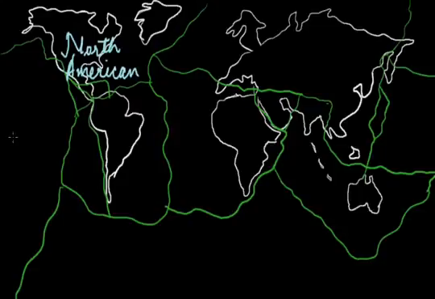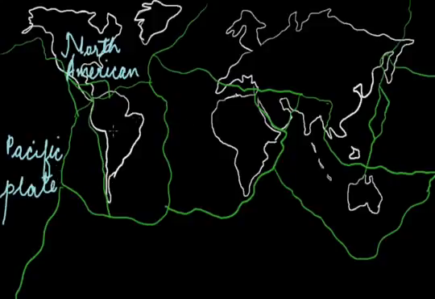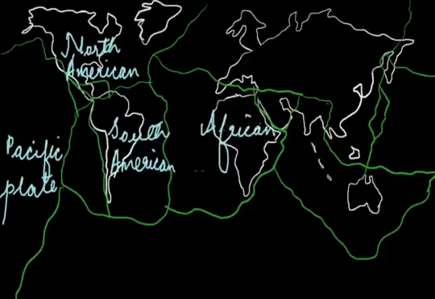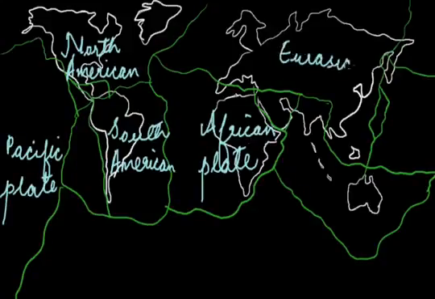Near the Pacific Ocean, we have the Pacific plate. As the name suggests, this is the South American plate. Here it is the African plate. This is the Eurasian plate, the present Asia.